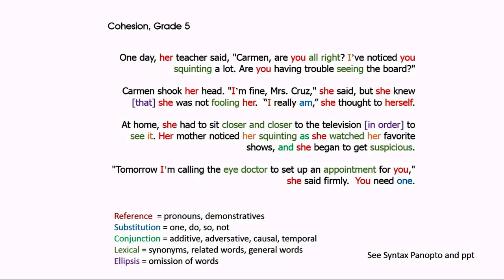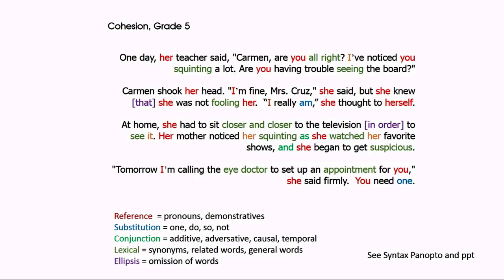"That," you can see the actual sentence was, "but she knew that she was not fooling her." And without the word "that" in the surface of the sentence, kids might not be able to process that it's actually an embedded sentence there. "At home, she had to sit closer and closer to the television in order to see it." So again, there's that conjunction that's missing from the sentence.